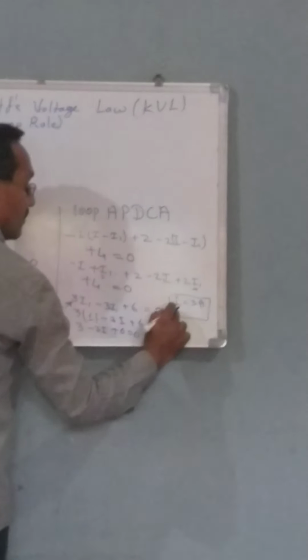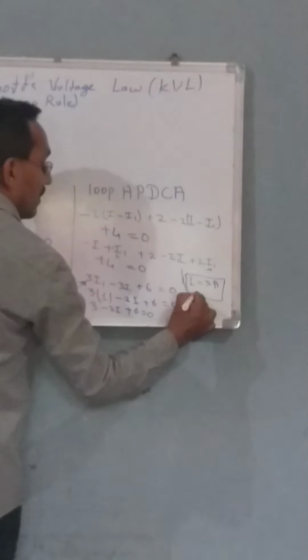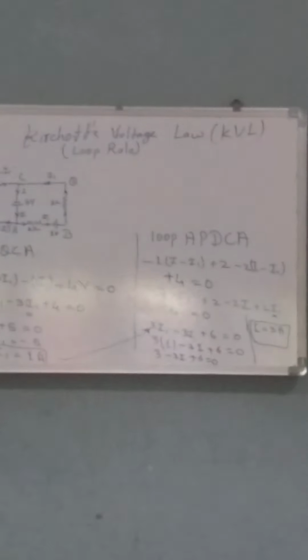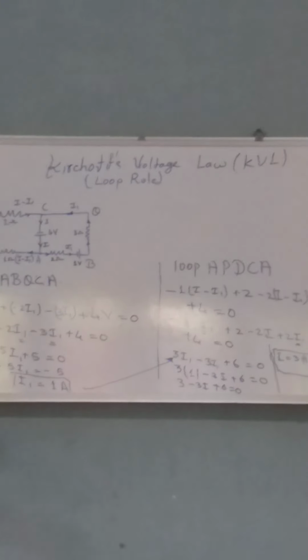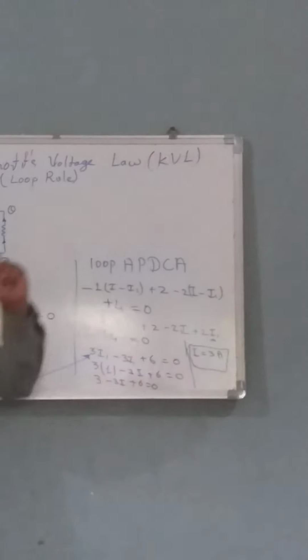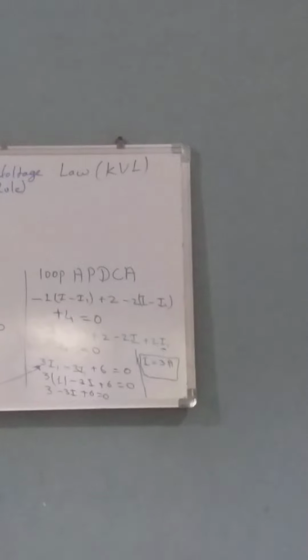Finally, on solving it, 9 on that side, 9 is equal to 3I, so I is equal to 3. This is the final result for the currents that we get here, where I1 is equal to 1 ampere and I is equal to 3 amperes.